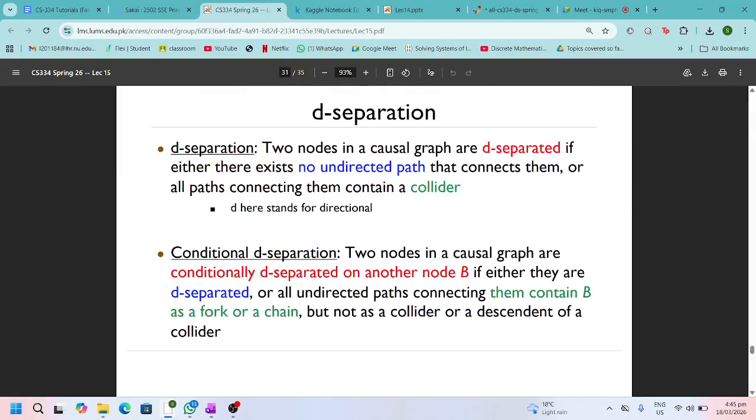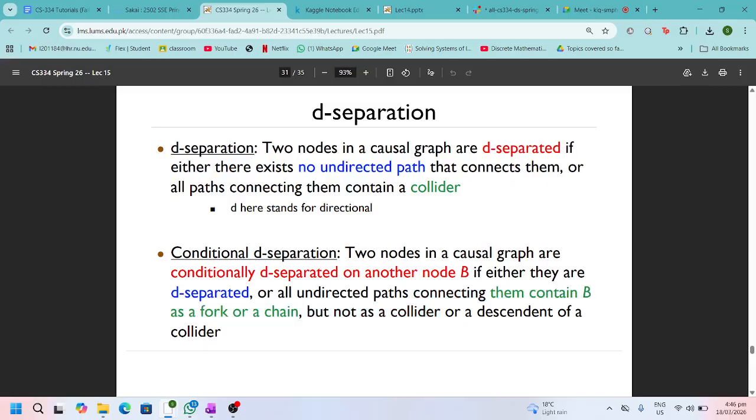So for conditional deseparation, two nodes are going to be conditionally deseparated on another node B or on a set of nodes B if either they are deseparated by default, और उससे कोई path open नहीं होती, or all undirected paths connecting them contain B as either a fork or a chain but not as a collider. यहाँ तक हम discuss कर चुके हैं कि chain या fork के ऊपर अगर आप condition करें तो the nodes will become deseparated but collider पे आप condition नहीं करते.